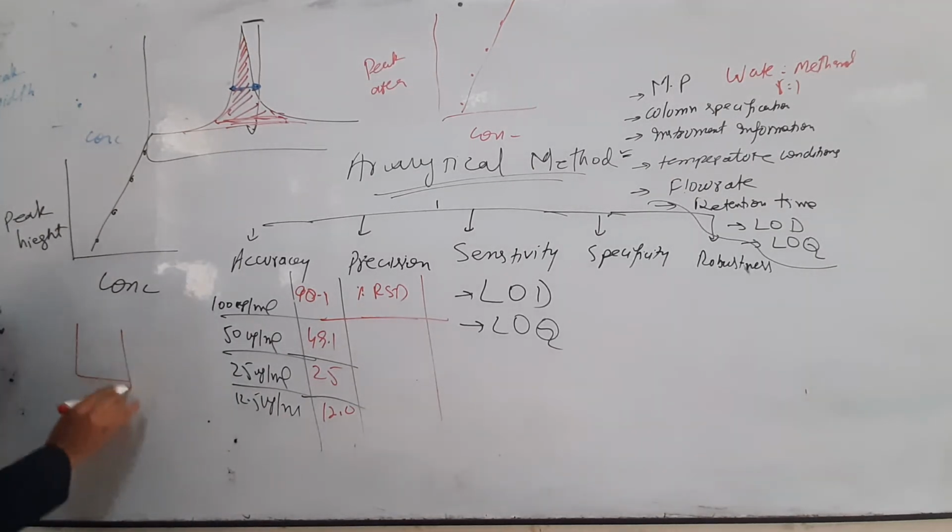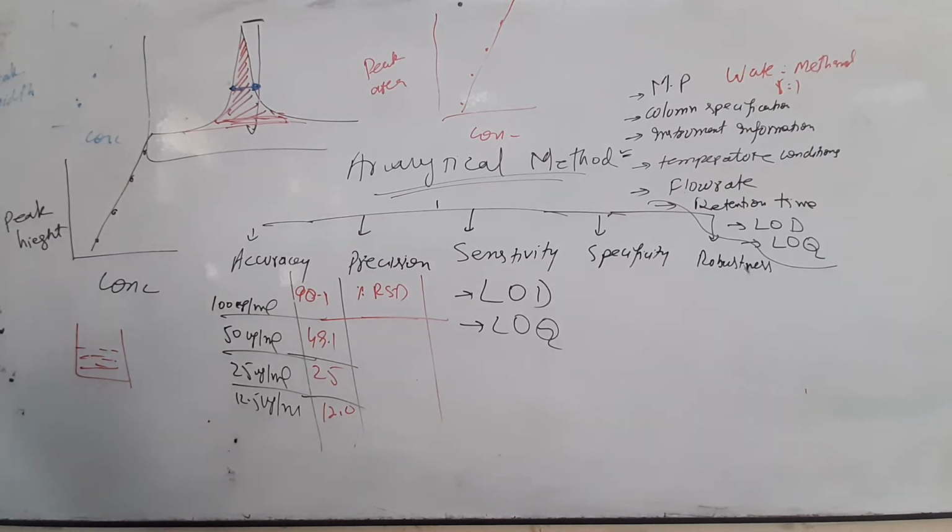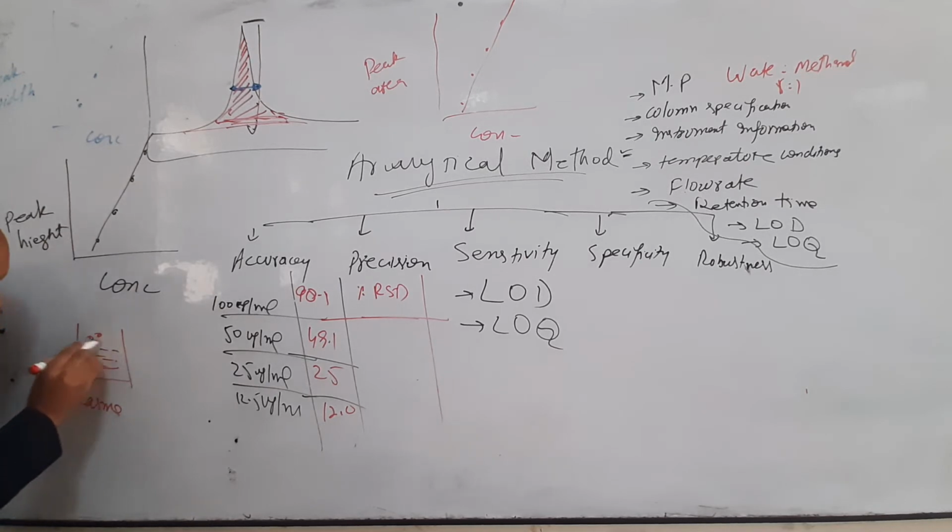We will take, say, 20 ml of plasma, and we will make some concentration of drug. Say we have a plasma and we have added some amount of drug to it, and these drug molecules will be mixed, and now it's a mixture of the drug and the plasma.